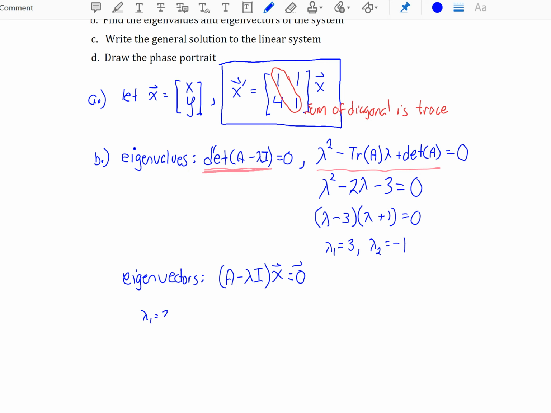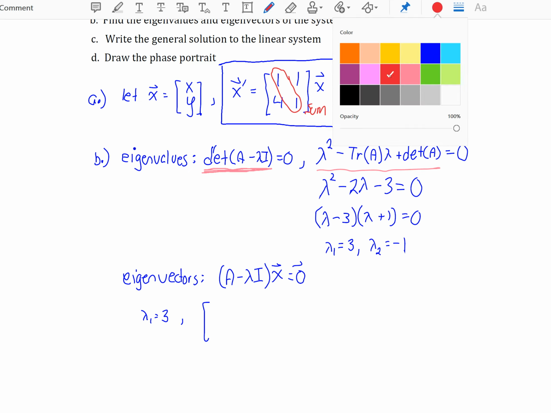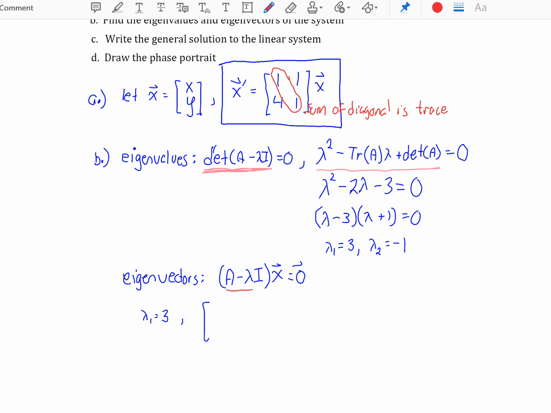For lambda 1 equals 3, remember, when we look at the A minus lambda I, we're always subtracting lambda off of your main diagonal. So we'll subtract it off the main diagonal only, which will give us the matrix -2, 1, 4, -2, times some vector x, y has to equal the 0 vector.